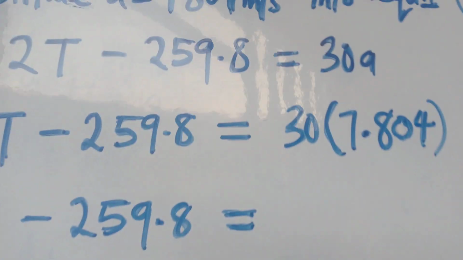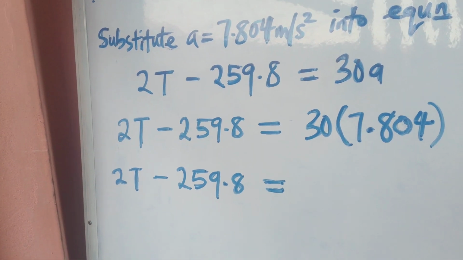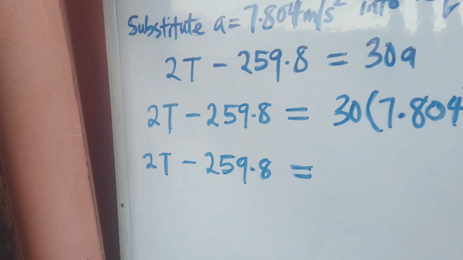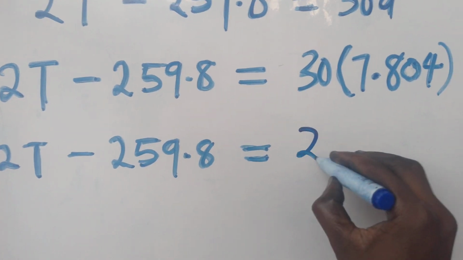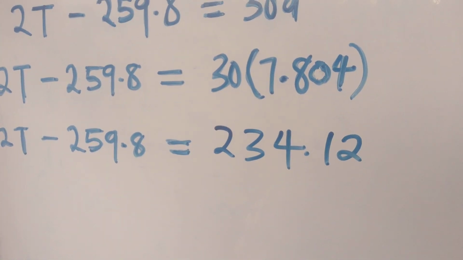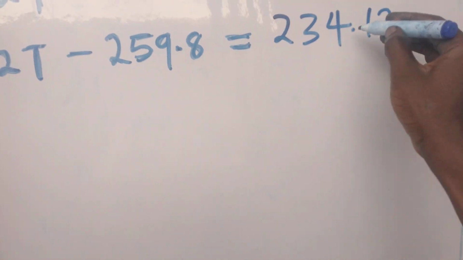When I multiply 30 times 7.804, I get 234.12. Then I can collect like terms.